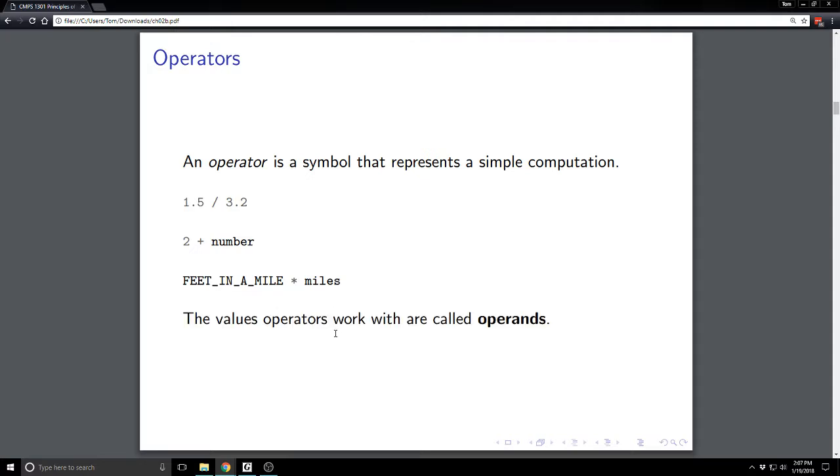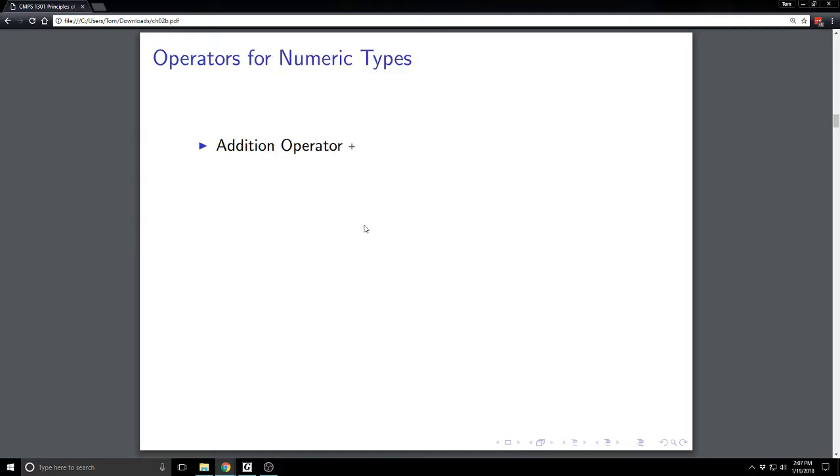The values that the operators work with are called operands. On either side of the operator, those are called the operands. The operators that we're going to talk about for numeric types are the addition operator, the subtraction operator, the multiplication operator, and the division operator.